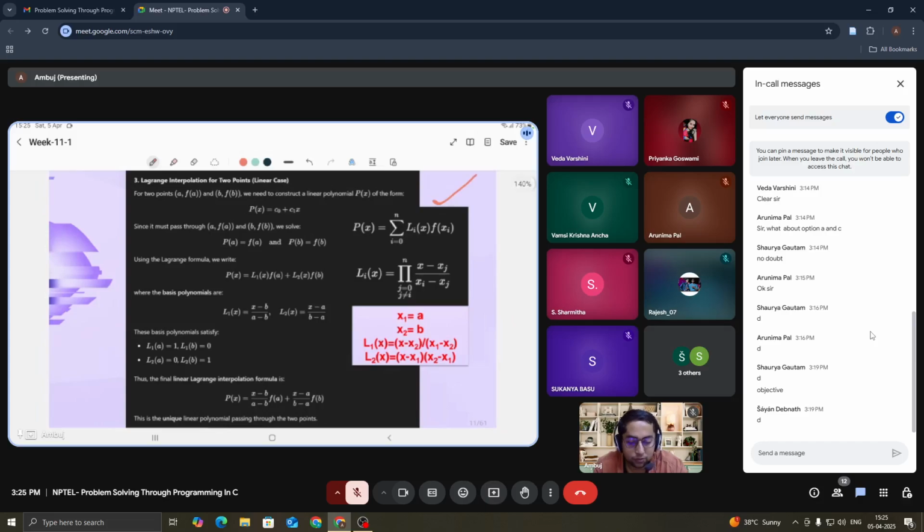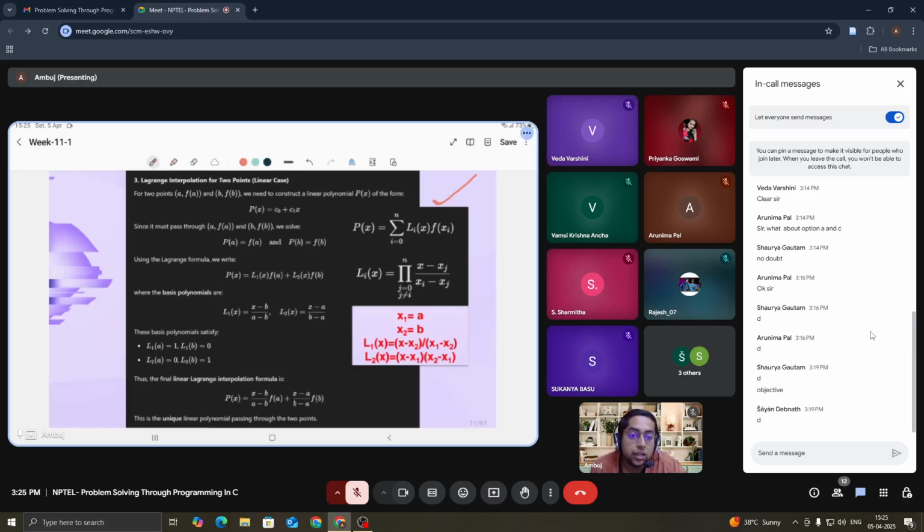Two points have been given, so I will write p of x equals L1 of x times f of a, because the first point is a and the value of the function is f of a, plus L2 of x times f of b. Now I need to know two terms, L1 of x and L2 of x. From this expression, you can take x1 as a and x2 as b. So L1 of x will be x minus x2, because j is not equal to i.